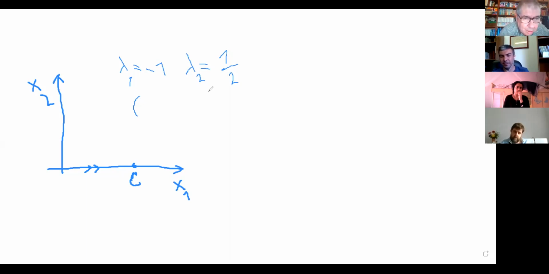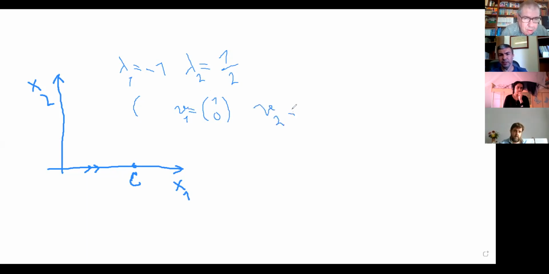So V1 is what? V1 I got as 0, 1, 0. Yes, V1 equals that, because it's important. It's not enough to say that you have two eigenvectors, you have to associate them with the eigenvalues.